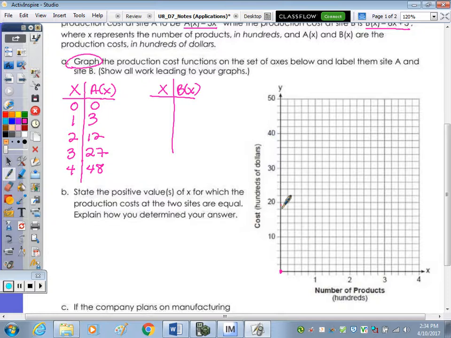Each tick mark on your y-axis is counting by 2's. So if you want to fill those in first. So 1, 3, that's going to be in the middle of the 2 and 4.